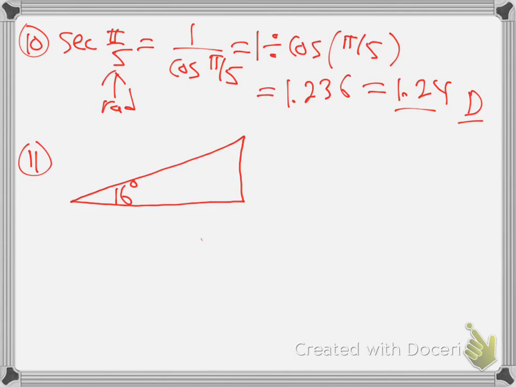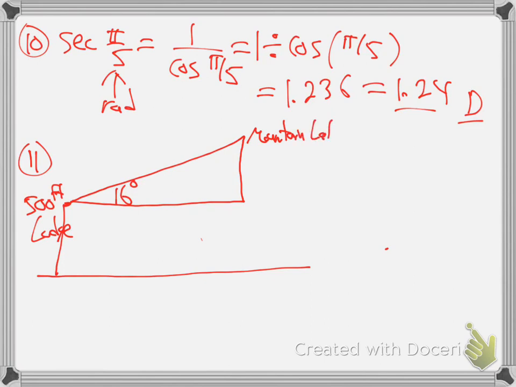It goes from a lodge, so here's a lodge, whose elevation is 500 feet, meaning like it's up 500 feet tall. This is ground level. And to a mountain lake. So here's the mountain lake, and that thing is up 9,700 feet tall.